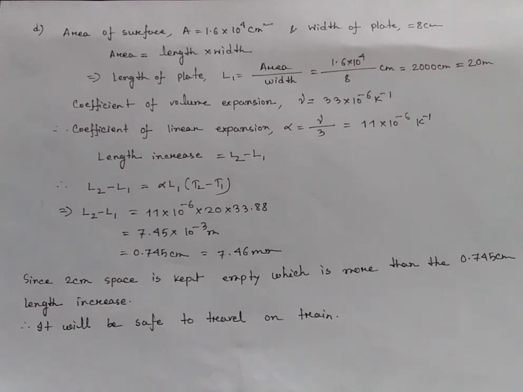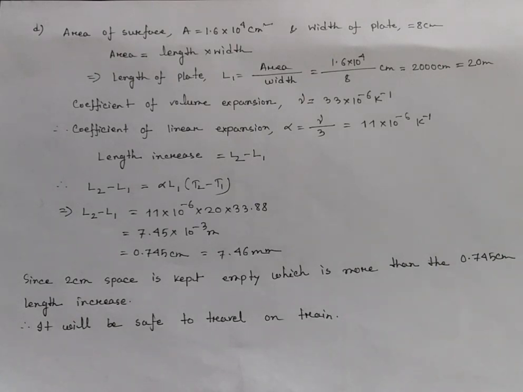So as the projected value of linear expansion is 0.745 centimeter, and the space kept between the plates is 2 centimeter, that is larger than the linear expansion of 0.745 centimeter, that means our given space is more than the increase in length.